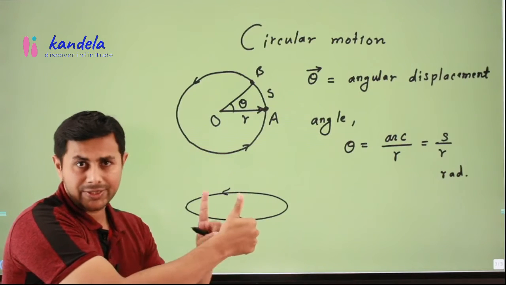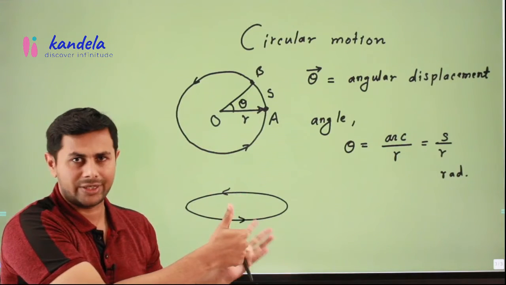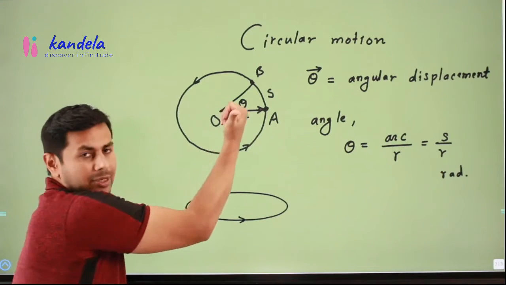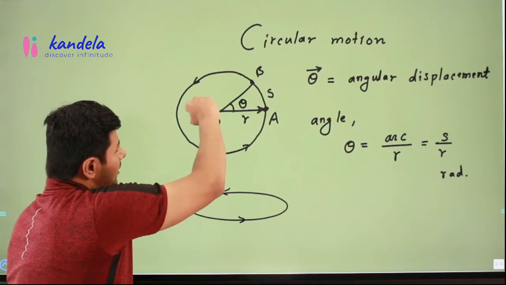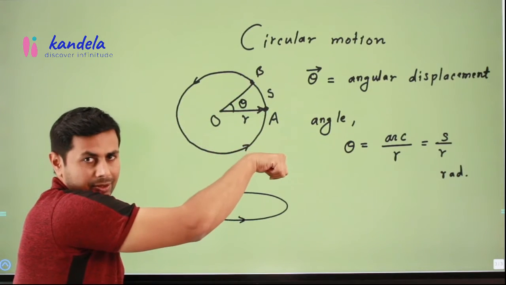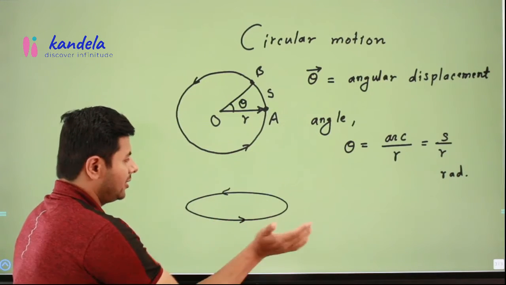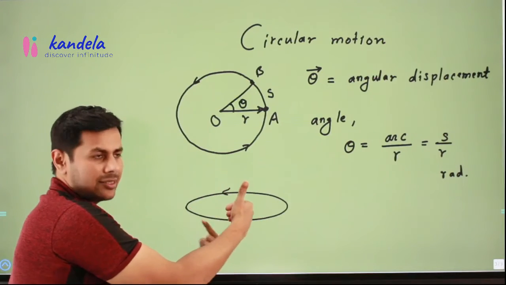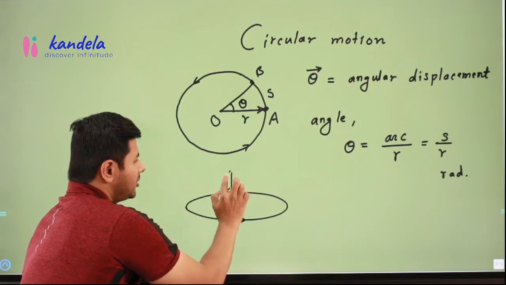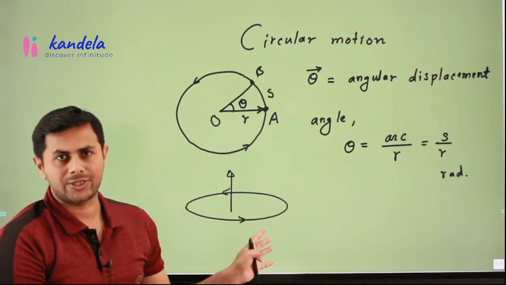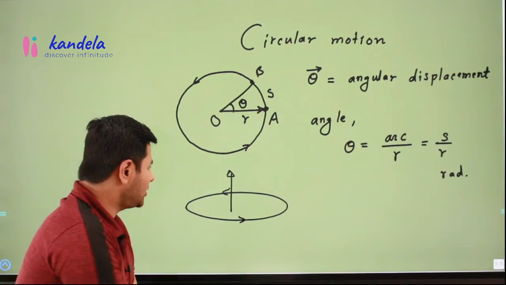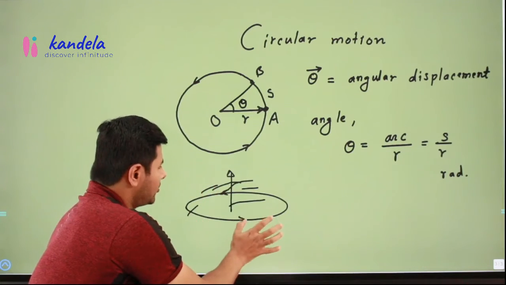Your stretched thumb will give you direction of angular displacement. In the earlier case it was outside the plane of the board. If this particle moved in clockwise sense, it would be inside the plane of the board. In this case, curl the fingers of your right hand in direction of motion of the particle and stretch your thumb. The stretched thumb gives upward direction, that means the direction of angular displacement is upwards. So this is how to use the right hand thumb rule.